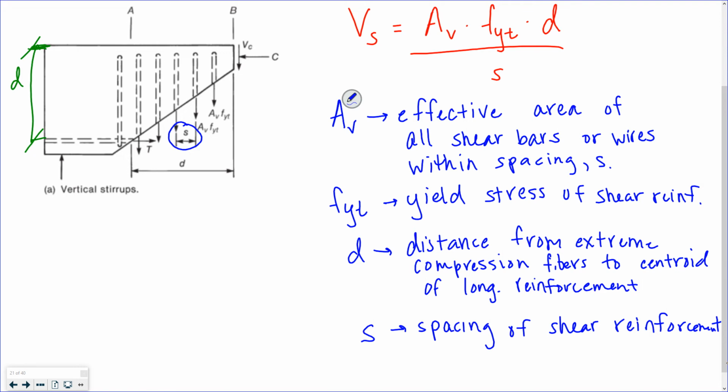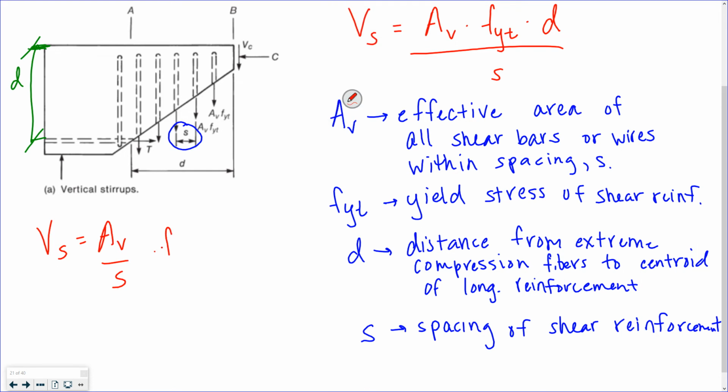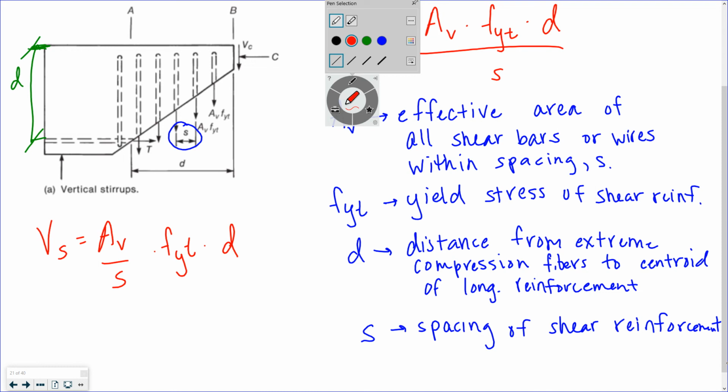Now really, you can kind of break this down into the contribution from your shear reinforcement: your area of shear divided by the spacing times f_y times d. The key, what we're going to be looking for is this.